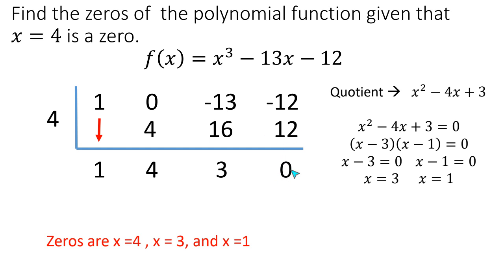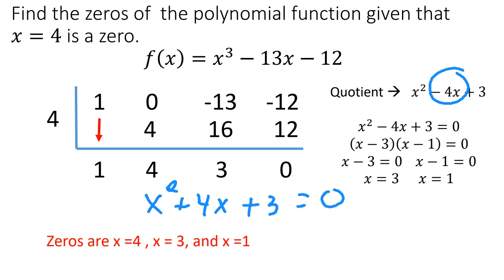The last number here is your remainder. So this right here should be x squared plus 4x plus 3.